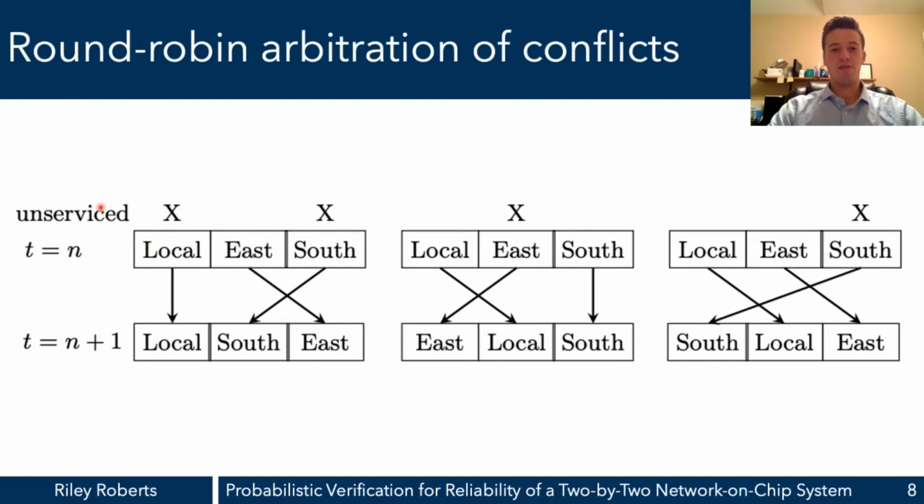Unserviced is a variable indicating whether or not that particular buffer got serviced in this clock cycle. Here we can see that local and south both did not get serviced. Our algorithm works by moving all unserviced buffers to the front of the queue while maintaining their original ordering. So here local remains at the front in the next clock cycle, while south moves in front of east in the ordering because east was serviced.